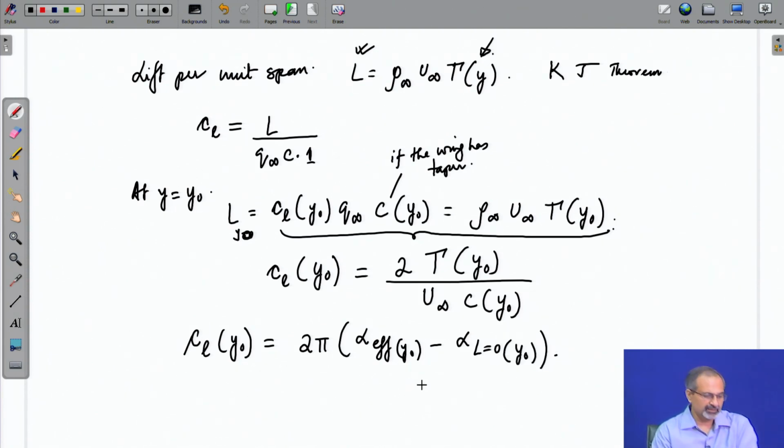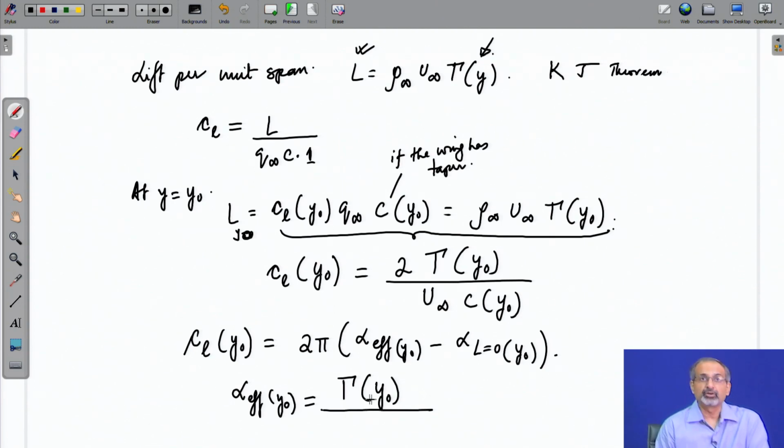We have seen this earlier. So, the alpha effective at y naught will finally be gamma at y naught by (pi u infinity c at y naught) plus alpha L equal to 0 at y naught.